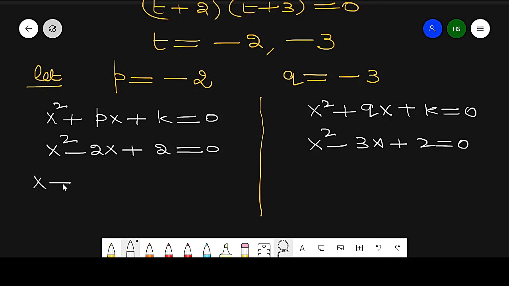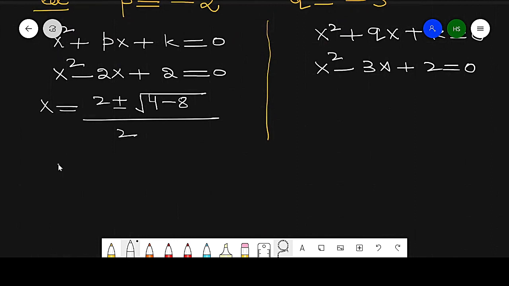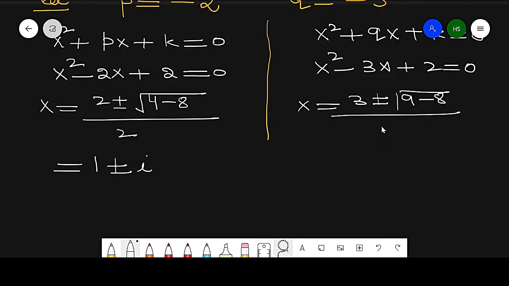Now this is (2 plus minus the square root of 4 minus 8) over 2, so this will be 1 plus minus iota. From the other, (3 plus minus the square root of 9 minus 8) over 2, so 3 plus minus 1 over 2, which is equal to 2 and 1.